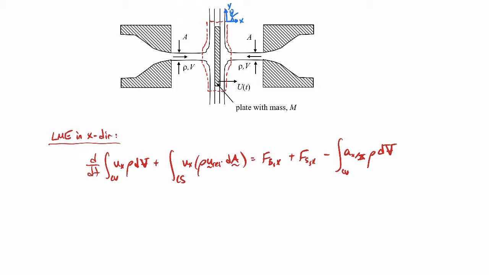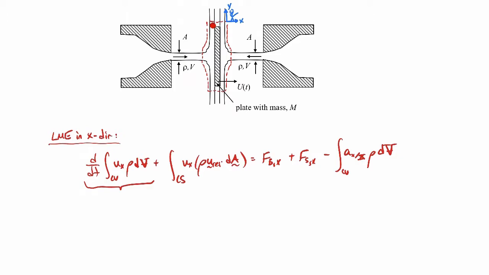So let's start with the first term over here on the left-hand side. So this is the time rate of change of x linear momentum inside our control volume using our coordinate system. So as we stand here, it looks like the plate has zero velocity. Now, certainly if you stand on the ground, it looks like the plate is moving. But if you're standing on the plate, which we are using this coordinate system, then it looks like the plate has zero horizontal velocity.